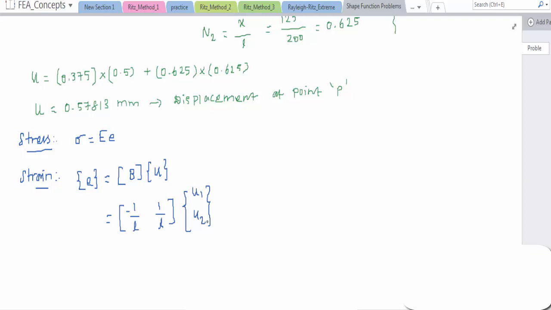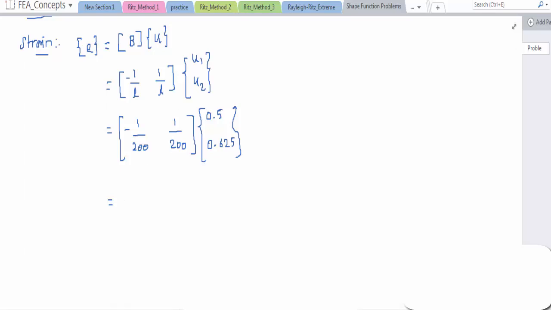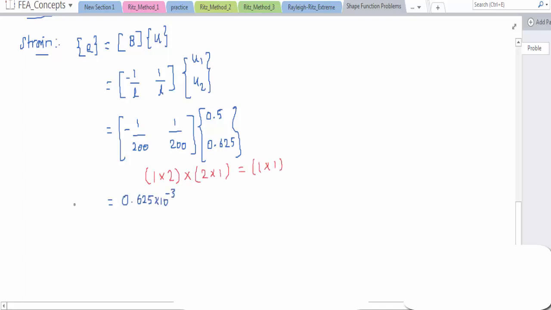Minus 1 by L means minus 1 by the length of the element, so minus 1 by 200 and plus 1 by 200, into 0.5 and 0.625. This is 1 cross 2 and this is 2 cross 1. If you multiply 1 cross 2 into 2 cross 1, you will get a 1 cross 1 matrix, that is 0.625 into 10 power minus 3. That is the strain of the element.